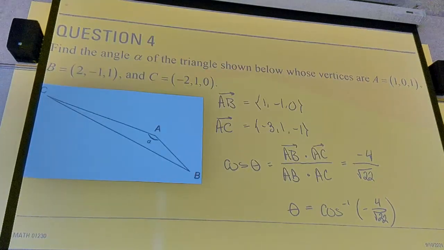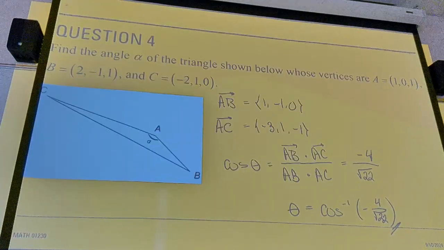Is that acute or obtuse? What is it? Cosine's negative in quadrant 2, which is larger than pi over 2.